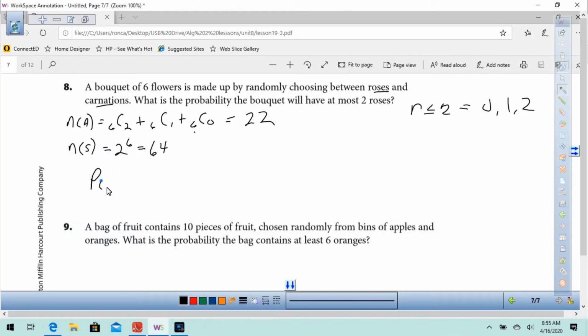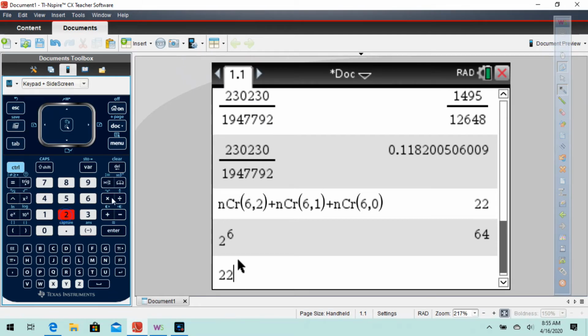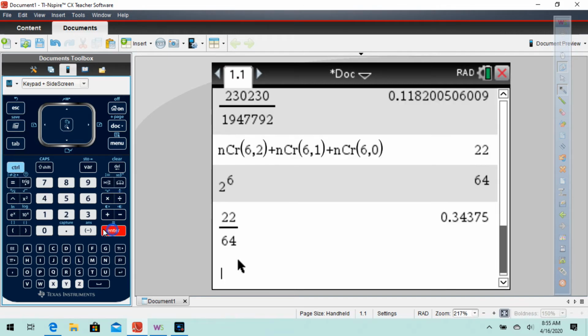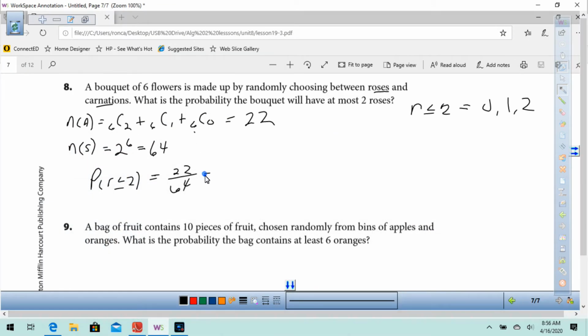So the probability that R is less than or equal to 2 would be 22 over 64, that's 11 over 32, or 0.34375.